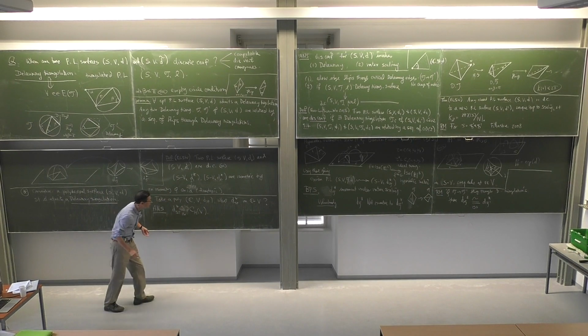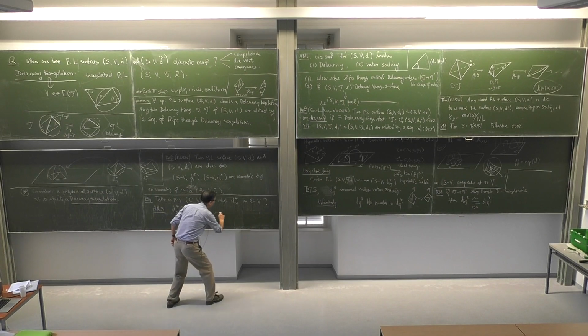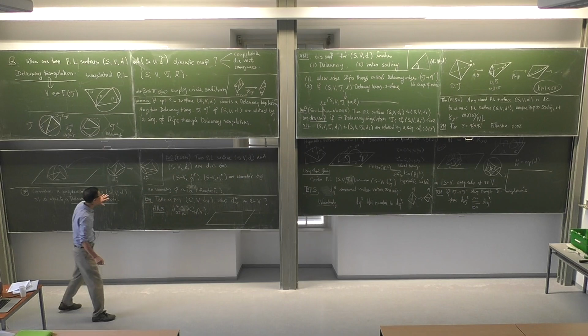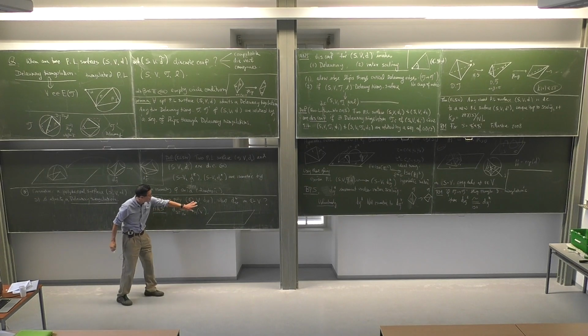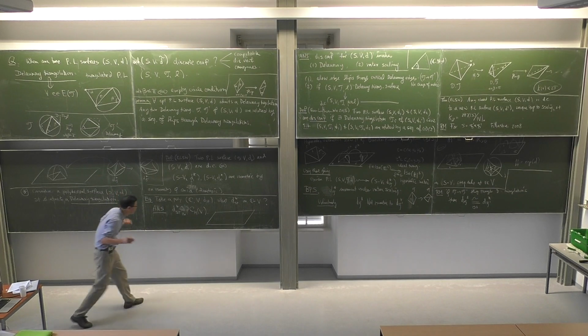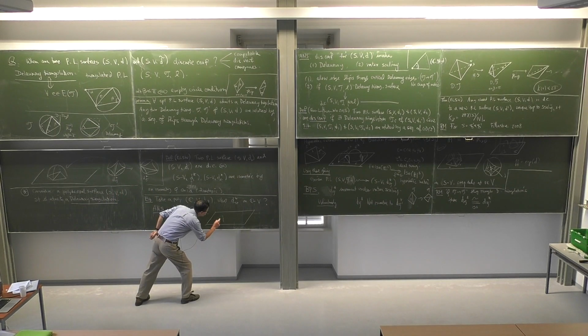So let me just draw a picture. By our convention, this set has a Delaunay triangulation, right? All polyhedral surfaces I'm going to talk about. So there is a Delaunay triangulation coming out of it with vertices given by V.